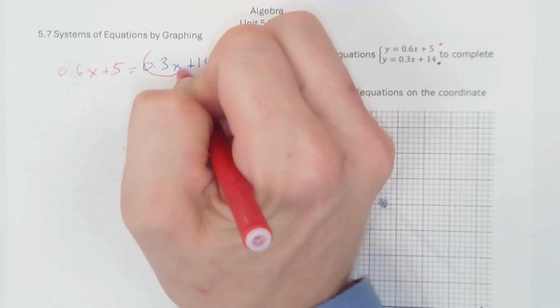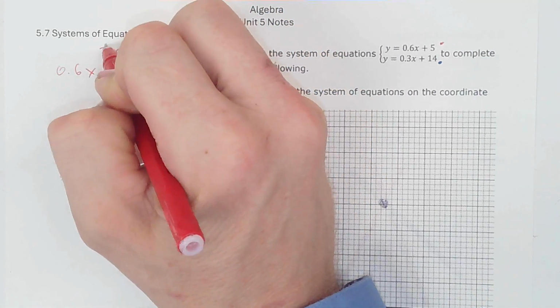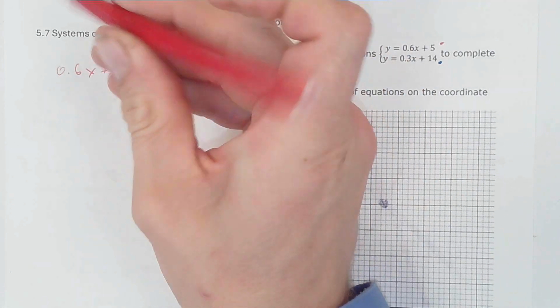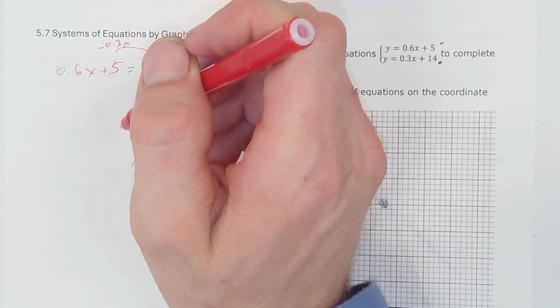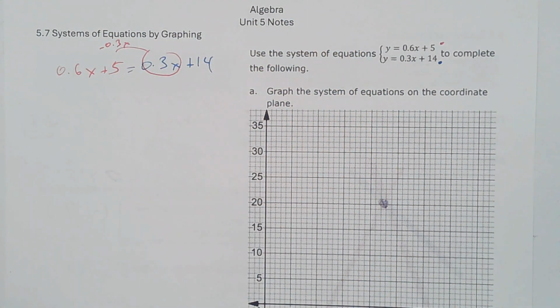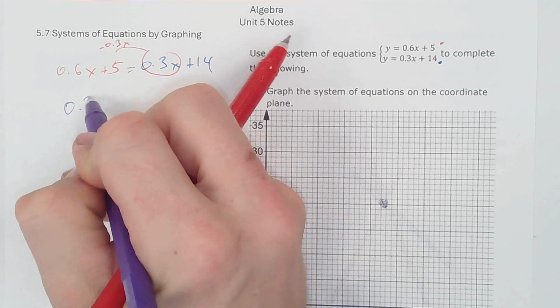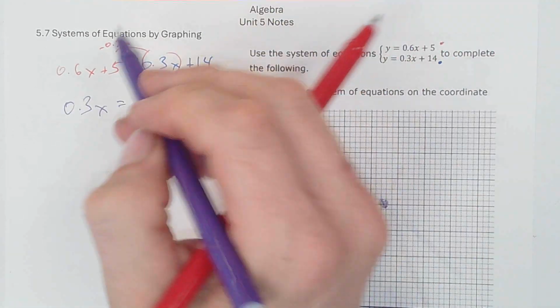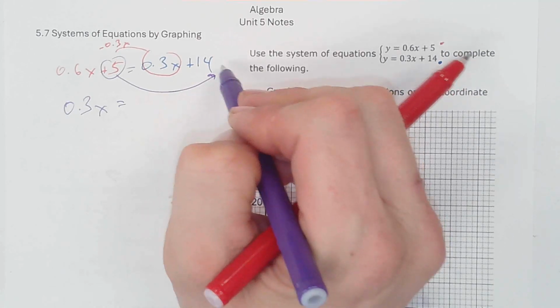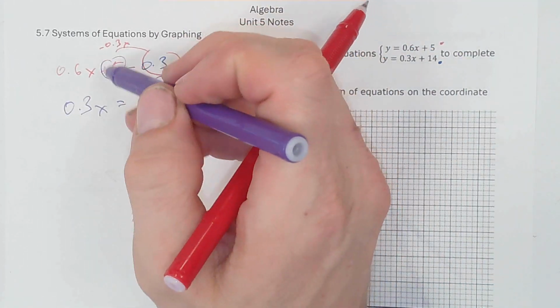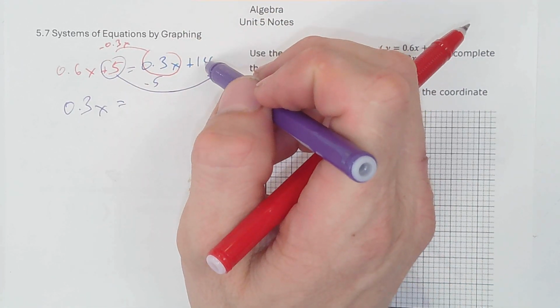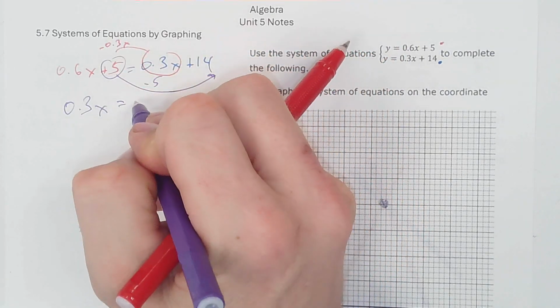So I move this to this side, making it negative 0.3x. What's 0.6 minus 0.3? 0.3. So I have 0.3x equals, and then I'm going to move this 5 over to this side, makes it negative 5. What is 14 minus 5? It's 9.